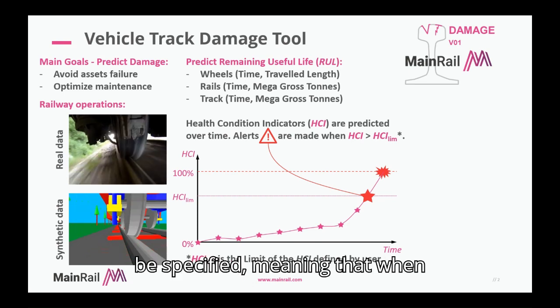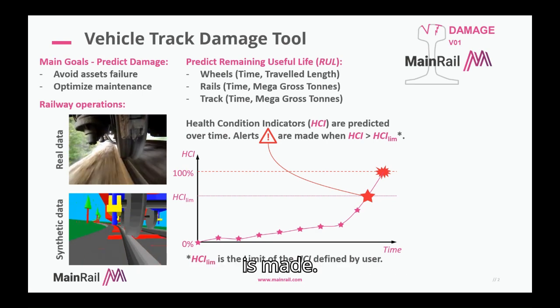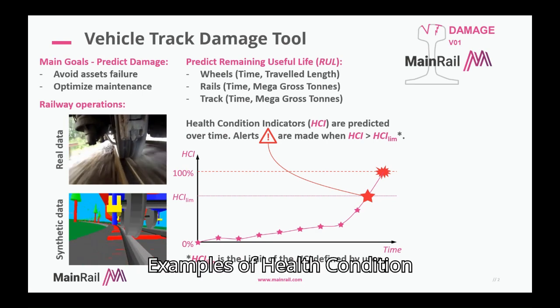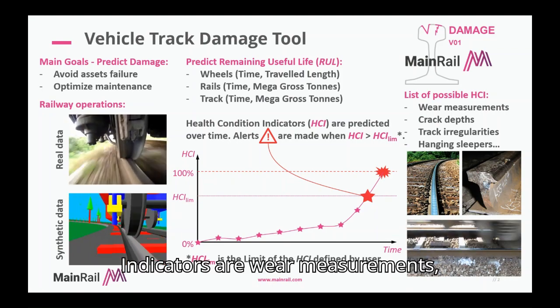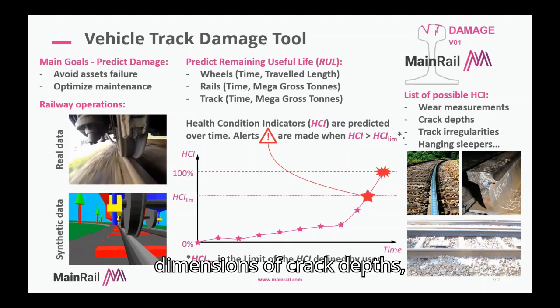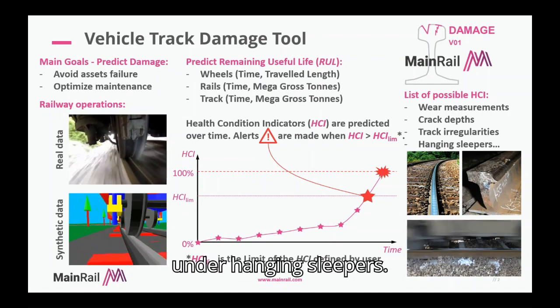Additionally, a threshold may be specified, meaning that when the threshold is reached, an alert is made. Examples of health condition indicators are wear measurements, dimensions of crack depths, track irregularities, and voids under hanging sleepers.